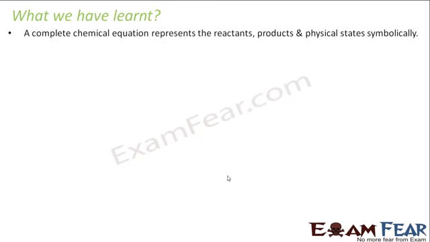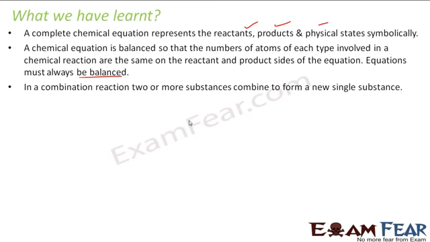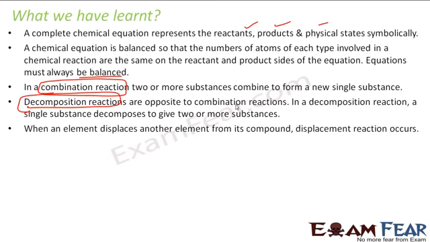So what we have learned: the chemical equation represents reactants, products and the physical states symbolically, and the chemical equation has to be balanced always, by the law of conservation of mass. In a combination reaction, we have two or more substances forming a single compound. In a decomposition reaction, we have one compound breaking into two or more substances.